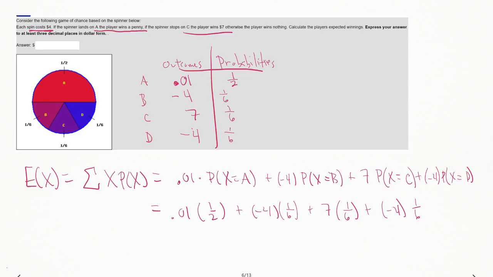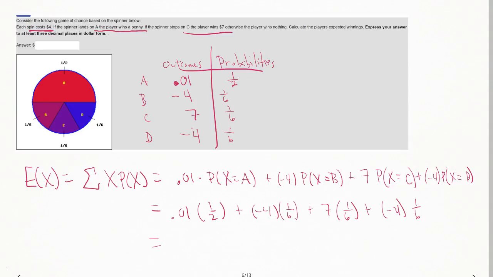And so now it's just time to plug and chug. So you take that 0.01 times 1/2, plus our -4 times 1/6, plus our 7 times 1/6, and then last but certainly not least, our -4 times 1/6.